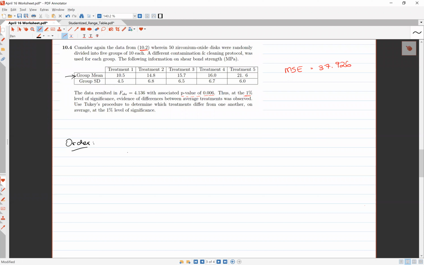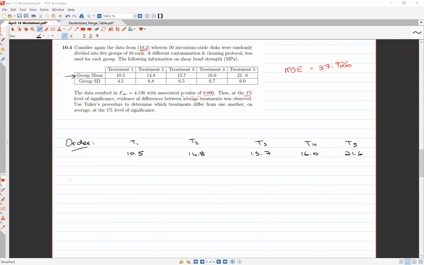The smallest is 10.5, and these were already conveniently labeled in that specific order, so this is just treatment 1 through 5, ordered from smallest to largest.